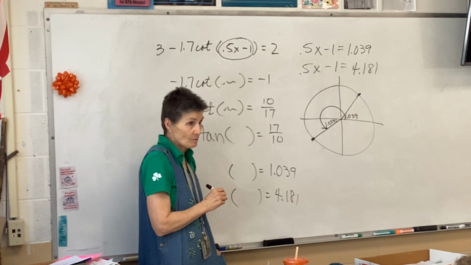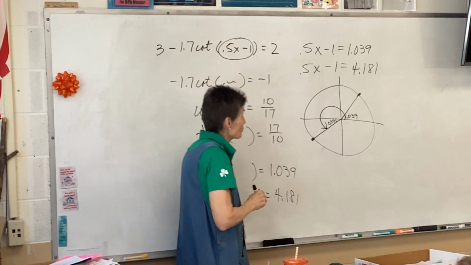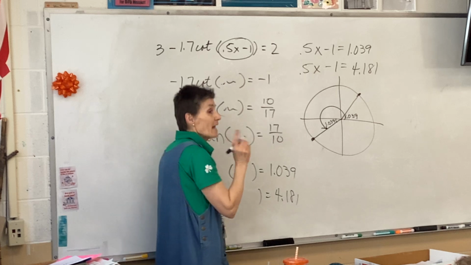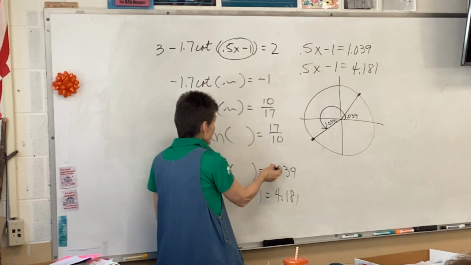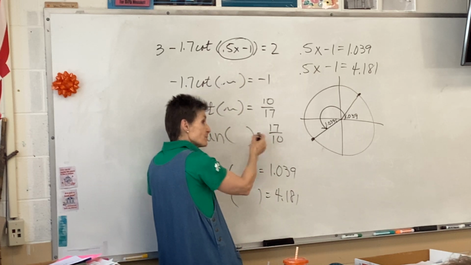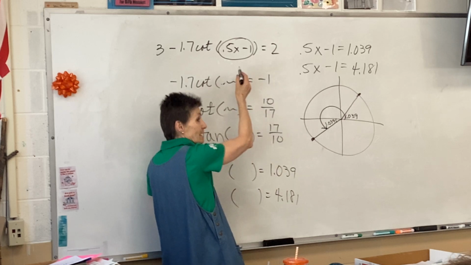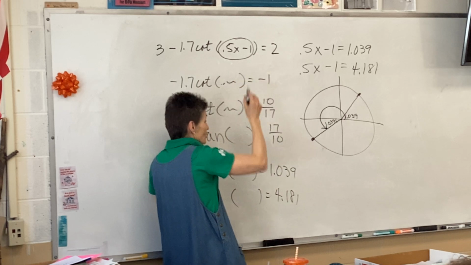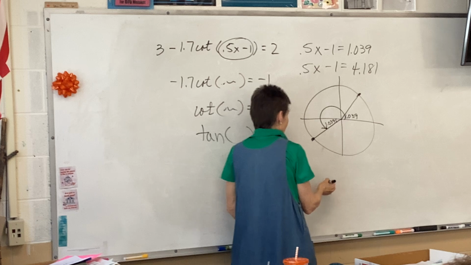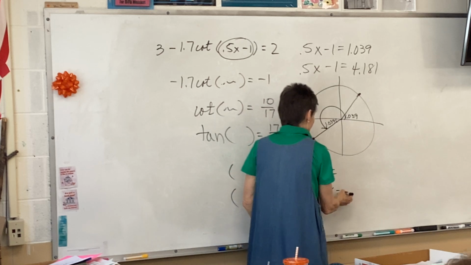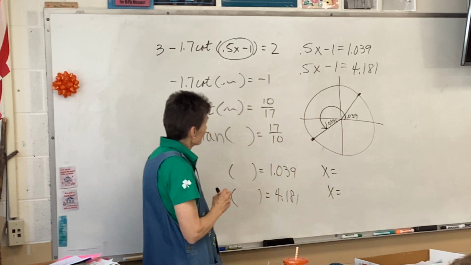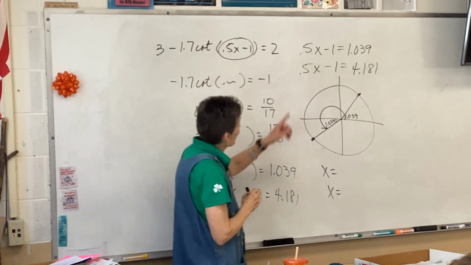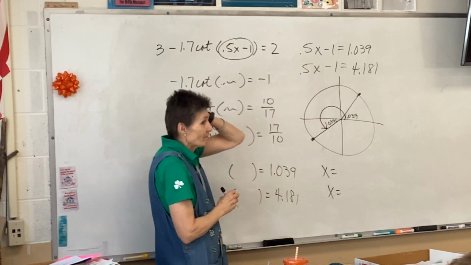Does that make sense to you? All right, so let's solve this and tell me what my x values are. These are the actual angles that make this a true statement, but that angle has a different name. So I need you to tell me what those are. What are the x values? So add 1 and divide by 0.5.